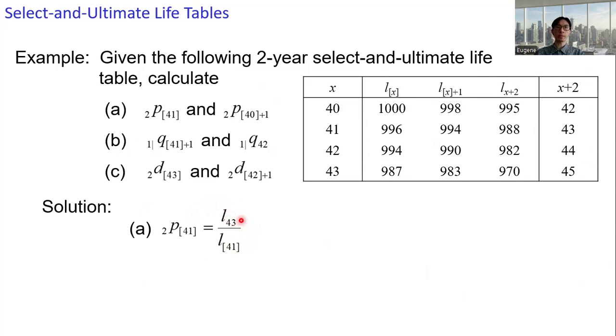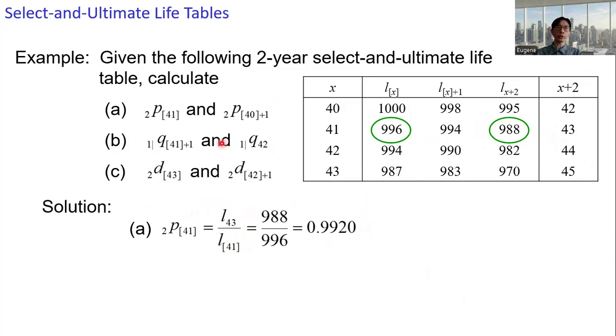Age 43 is beyond the select period, the ultimate part. And we get l_43, 988, and then l_[41], select age at 41, is 996. And again, we get the corresponding probability, 0.9920.